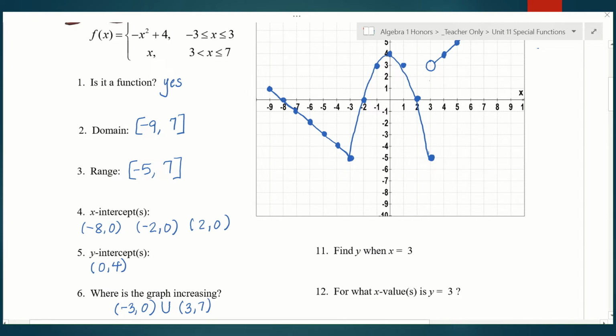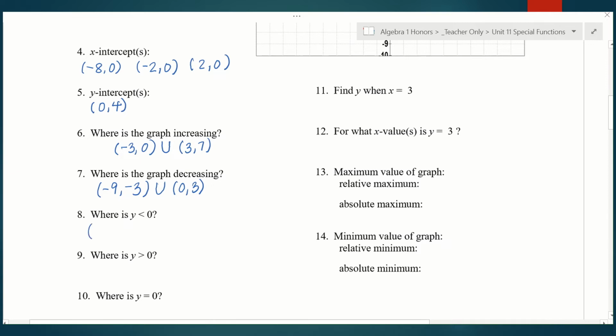So from -8 to -2, all of my y values are negative. Okay, so from -8, remember this is x, when x is -8 all the way until x is -2, it's considered to be negative. Now, we don't include -8 and -2 because at those points, y is 0, and they're saying when is y less than 0. So I can't include those two numbers.